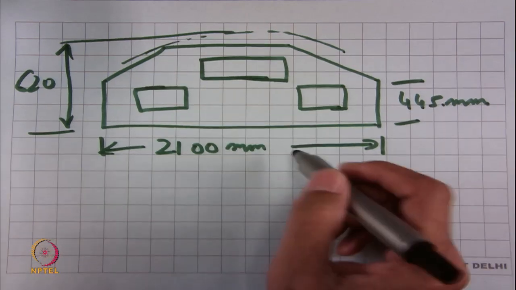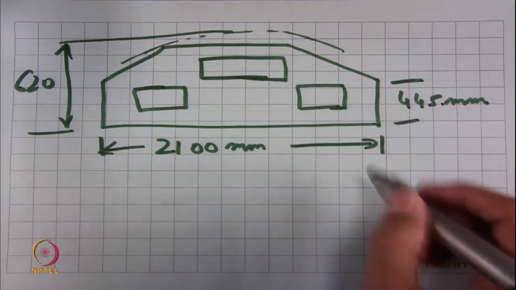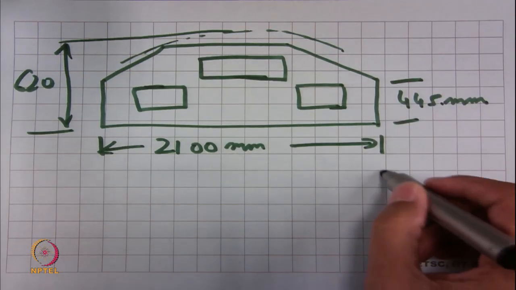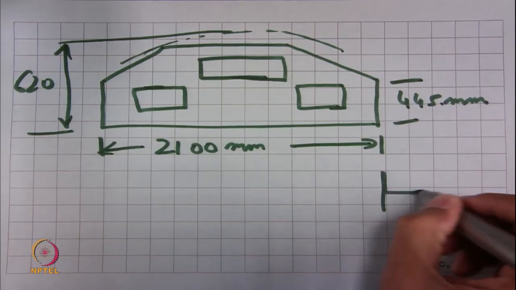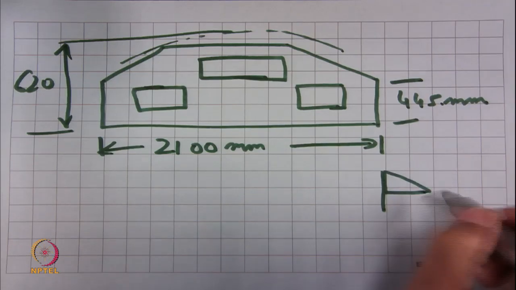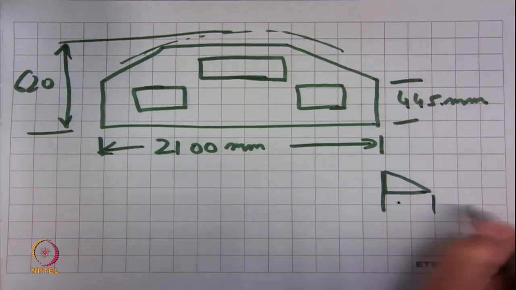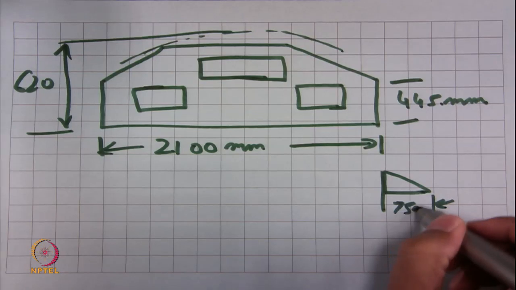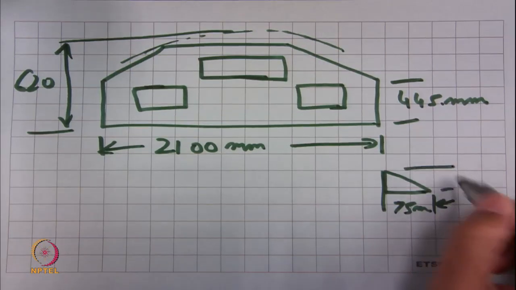Then we had to look at interfaces on how to mount it. If you look at this area, a typical mount would include a projection on the side, which was again defined by the customer as 75 millimeters here and another 75.